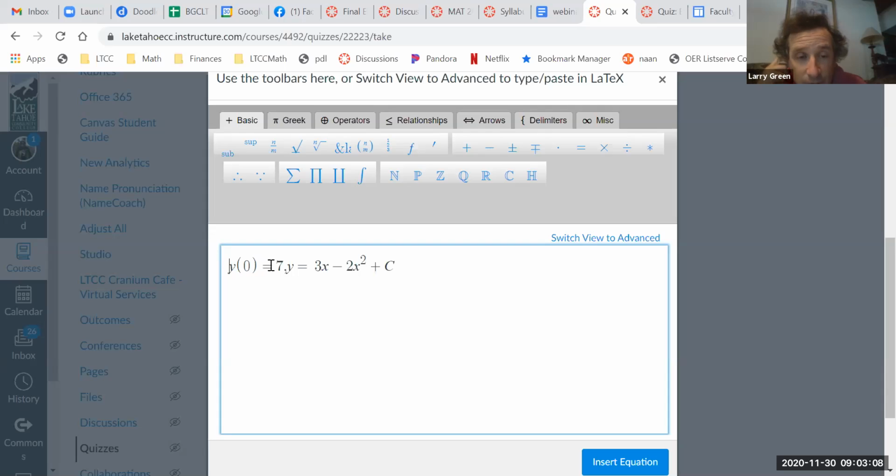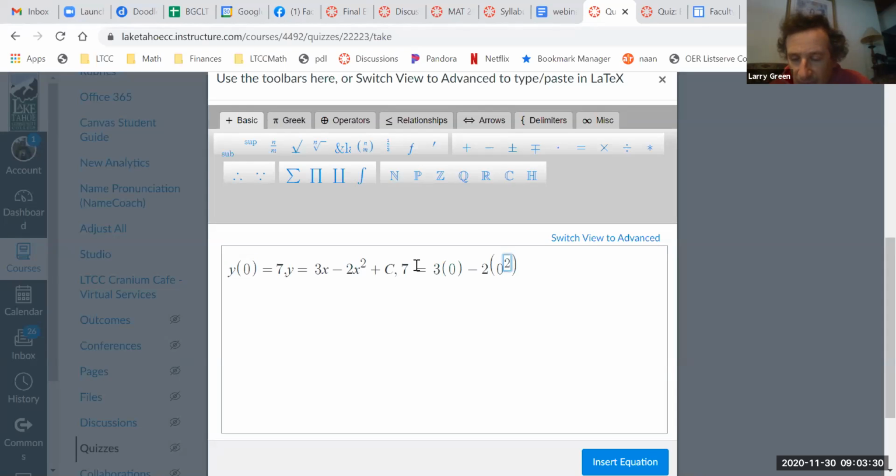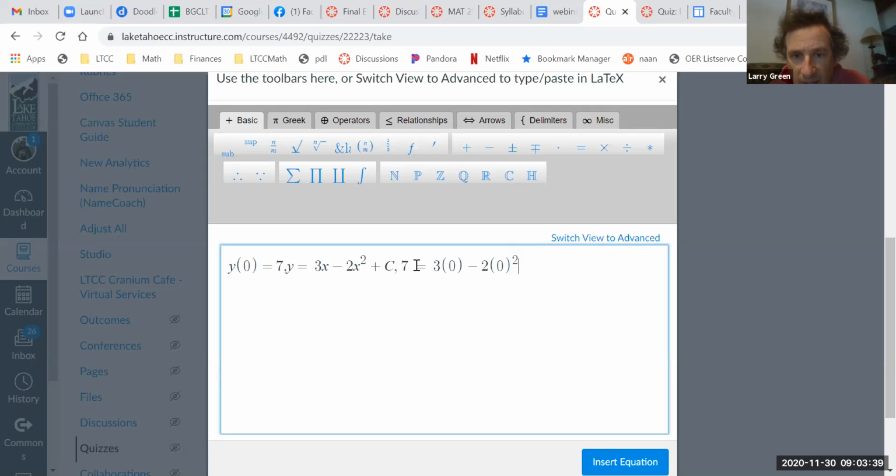Yeah, x is 0, y is 7. Very important that you understand how to read a function. So in particular, if y of 0 is 7, then 7 is equal to 3 times 0 minus 2 times 0 squared plus c.